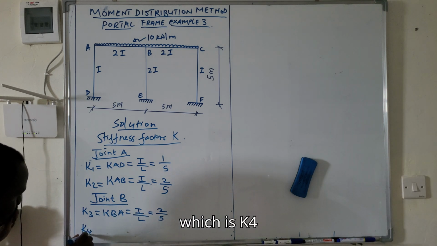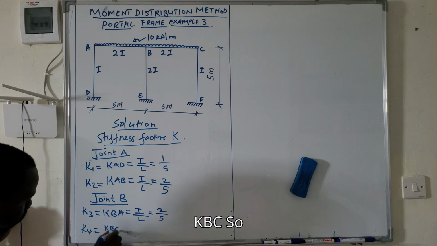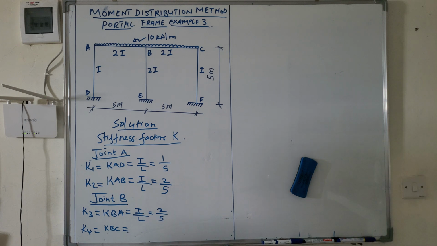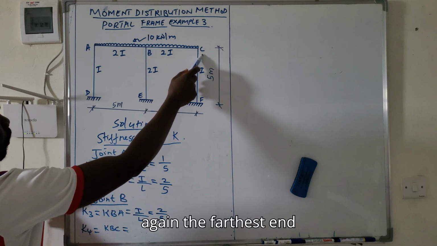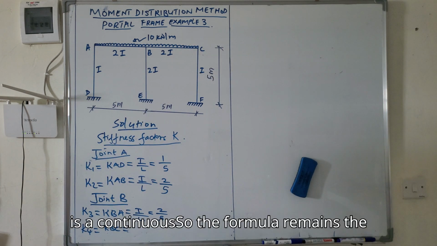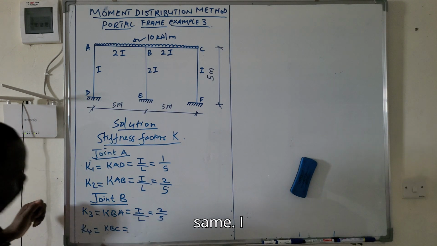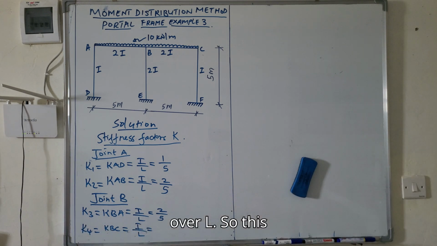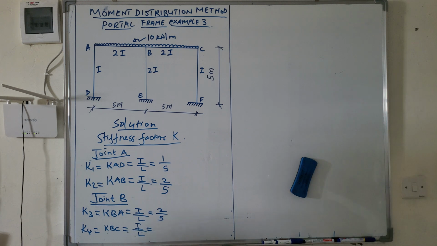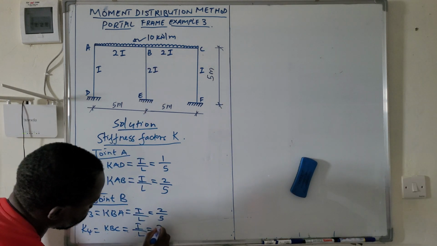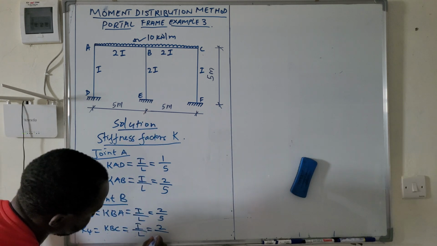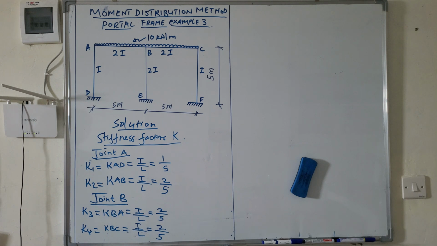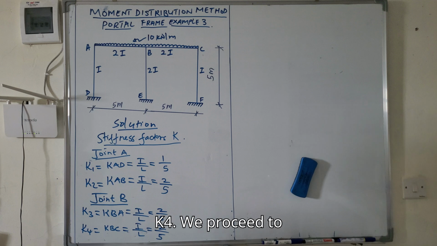K4, KBC. As you can see, again, the farthest end is continuous, so the formula remains the same, I over L. I is 2 and L is 5. So that is K4.